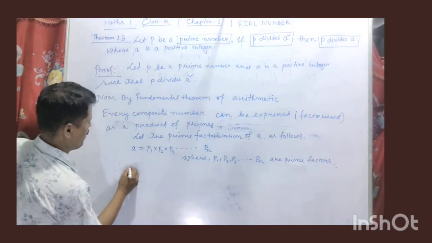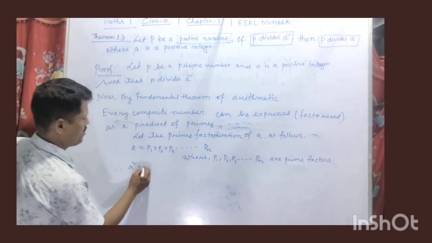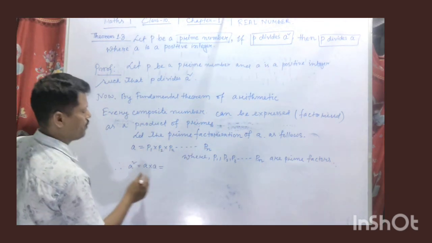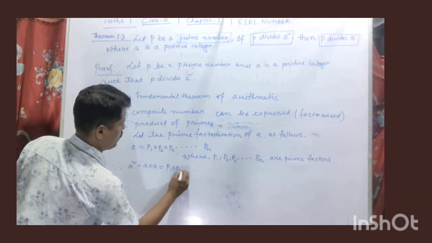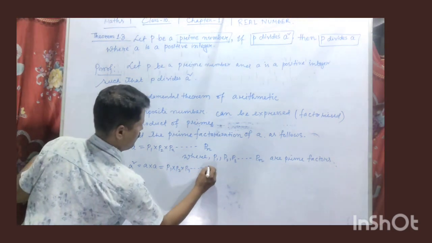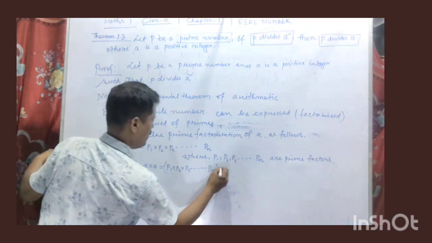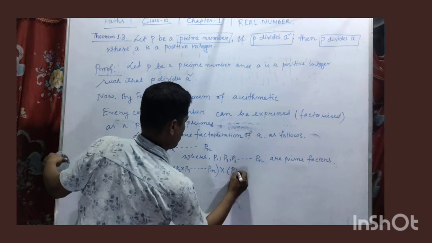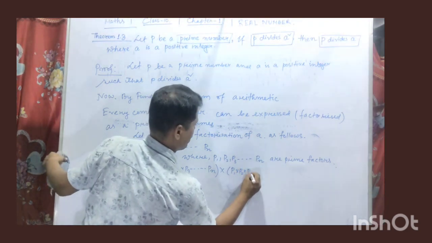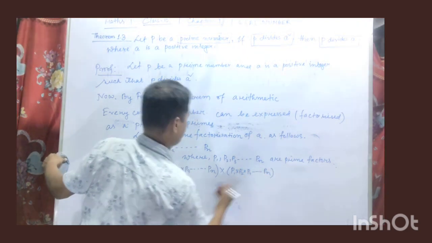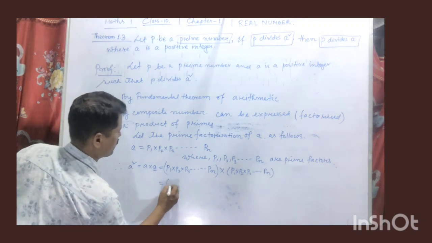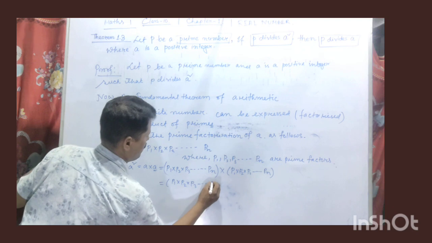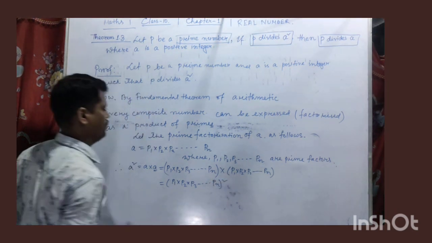Therefore, a square is equal to, a square means a into a. So in place of a, we can write P1 into P2 into P3 dot dot dot Pn, into another value of a, P1 into P2 into P3 dot dot dot Pn, which we can write as P1 into P2 into P3 dot dot dot Pn whole square.